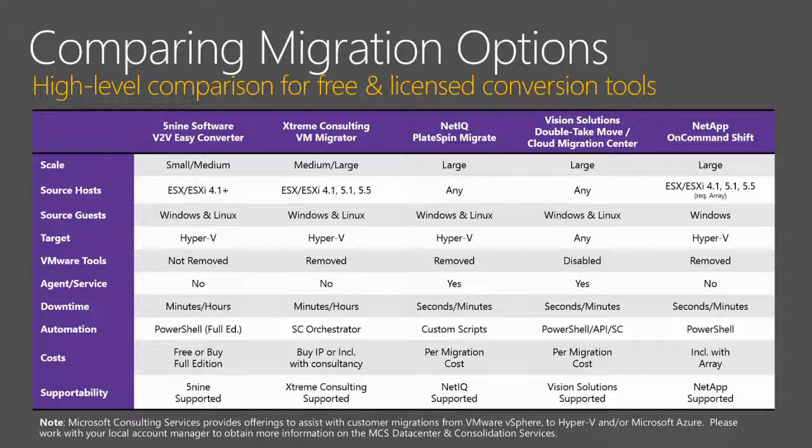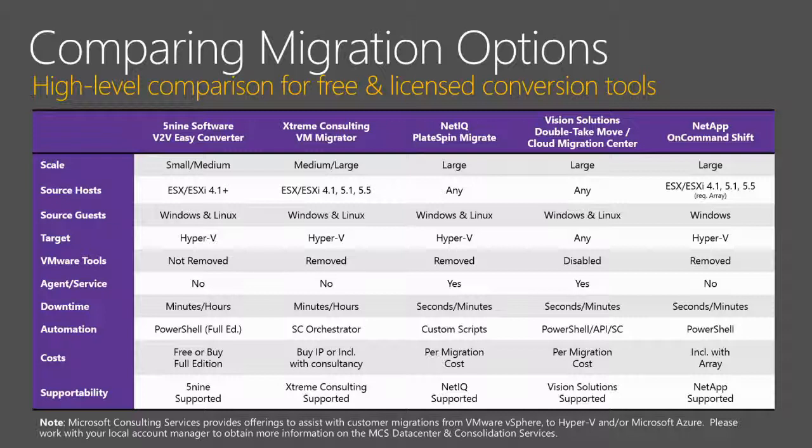There are variations in terms of Windows and Linux, and downtime. You'll see to the left-hand side of the table, the downtime row is predominantly minutes or hours. MVMC would fit on the left-hand side of this table as well. Most of them, or some of them, are free. Some of them have costs associated, whether it's purchase, a project cost, or a per migration cost. So those are key things to be aware of.